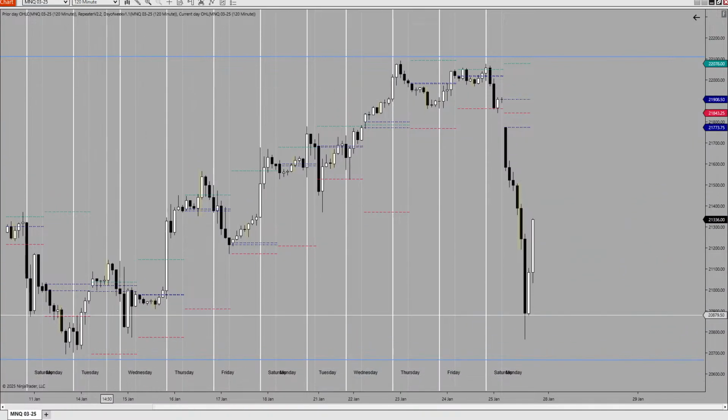wherein you can see on the left side, if I start from this bottom, the price has in a sustained way gone higher, and then it has gone inwards into the entire range over here.